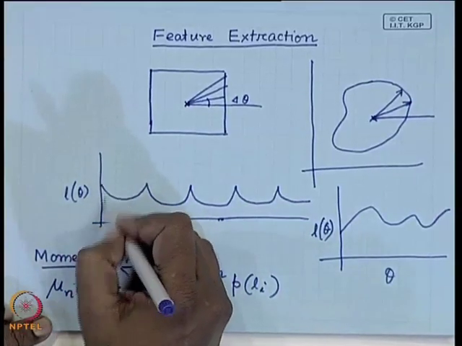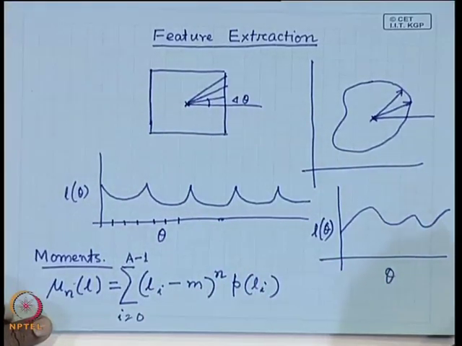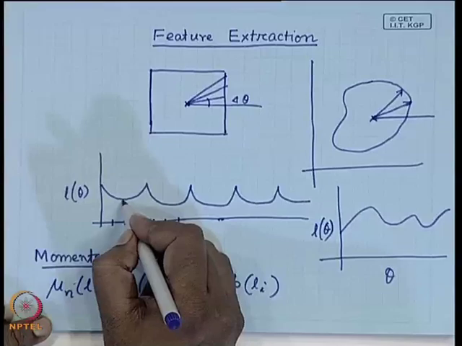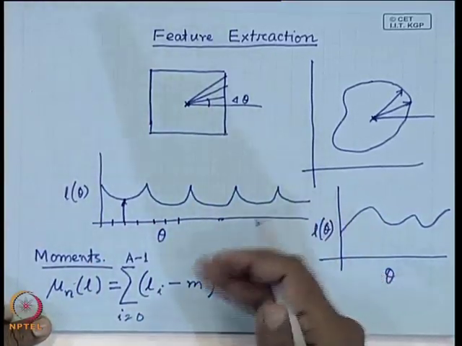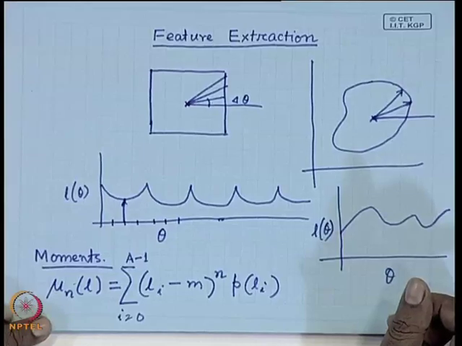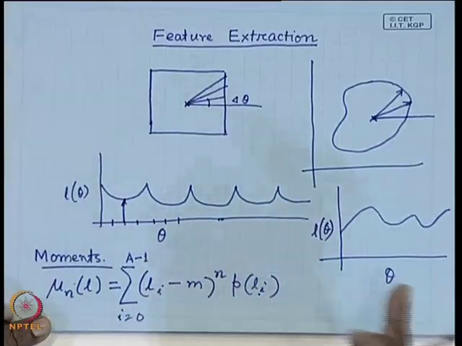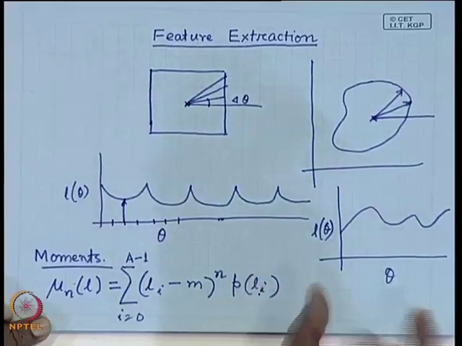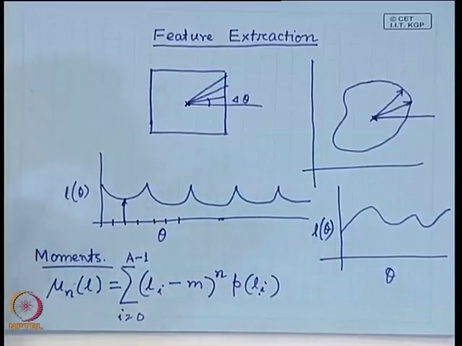The distance values that we are getting, we quantize into a number of distance values. Usually, this distance value will be a continuous value, so I have to quantize these distance values into a number of bins. L I is the ith bin, and once I quantize it, I have to find out how many distance values actually occur in the ith bin. So, for every ith bin, I get the number of distance values occurring in that bin.